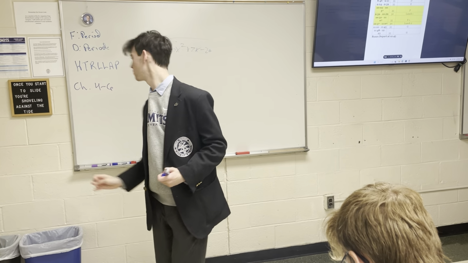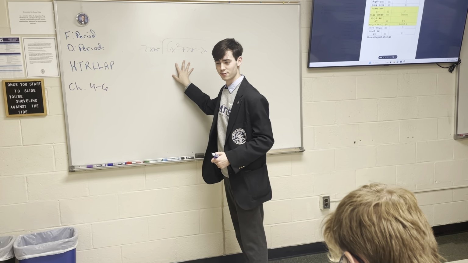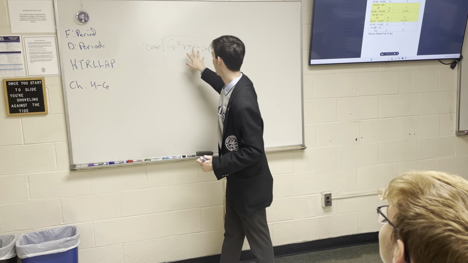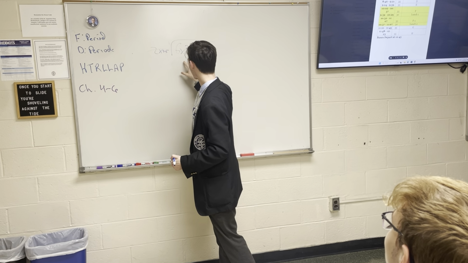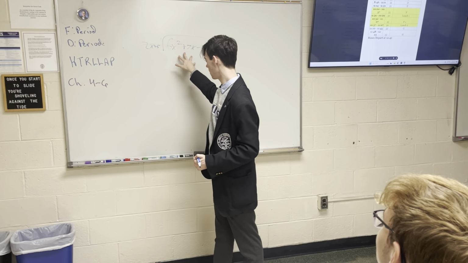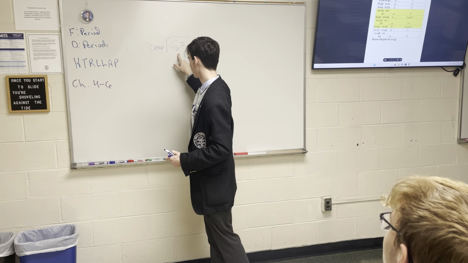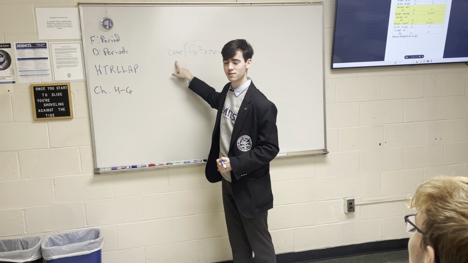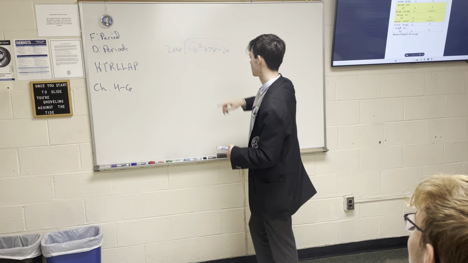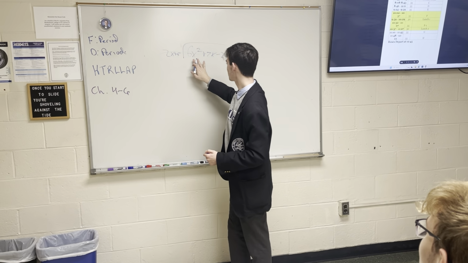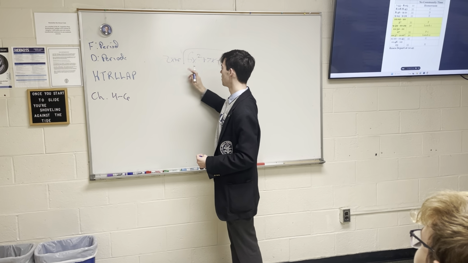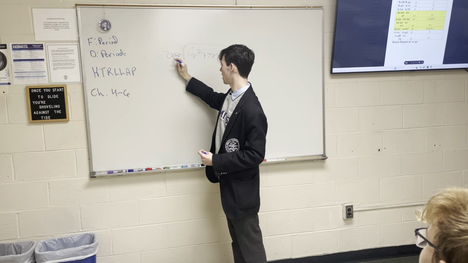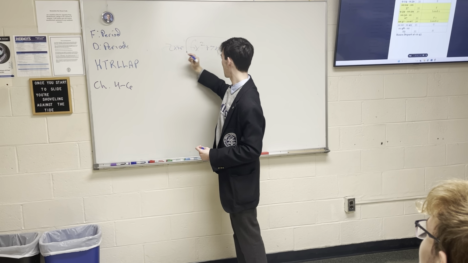You have to go through the dividend, which is what's inside the house, and take out the numbers by multiplying the numbers in the divisor, which is this number here. Like it's 6x squared, you have to take out 6x squared, so you multiply 2x plus 5 times 3x.